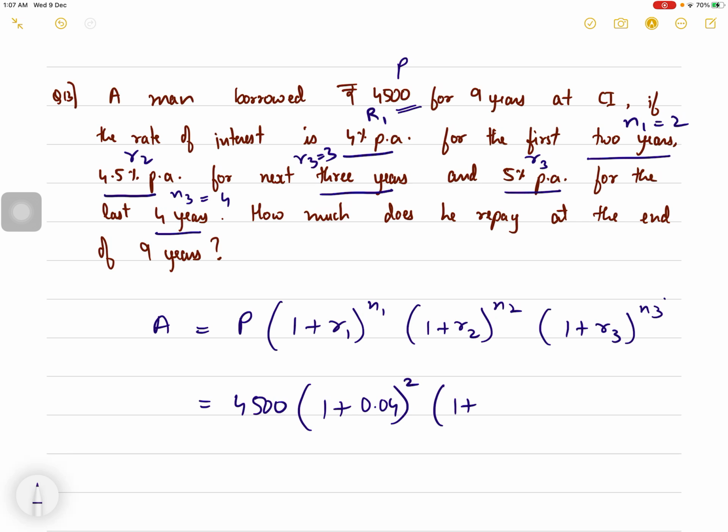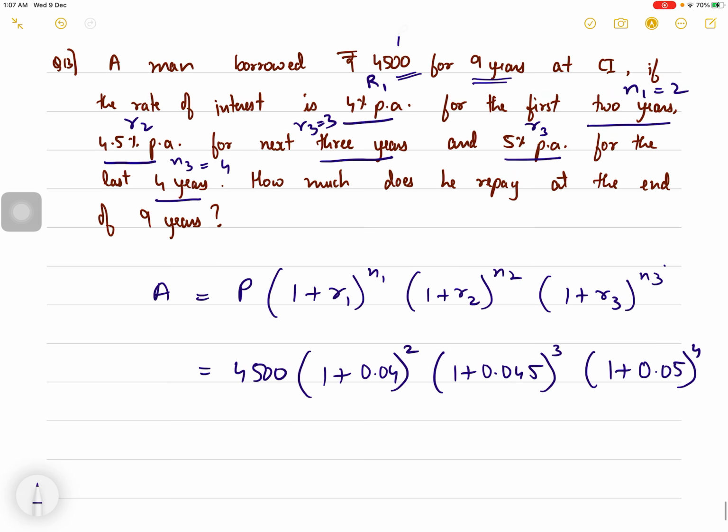R2 is 4.5%, that means 0.045 raised to N2, for 3 years, so raised to 3. And 1 plus R3, R3 is 5%, so 0.05 raised to N3. N3 is 4 years. So 2 plus 3 plus 4, total 9 years.